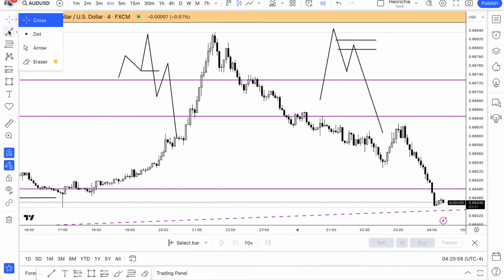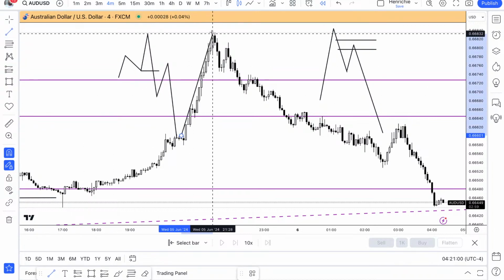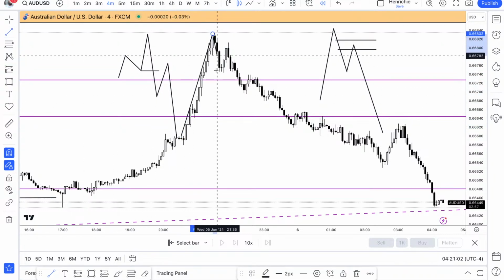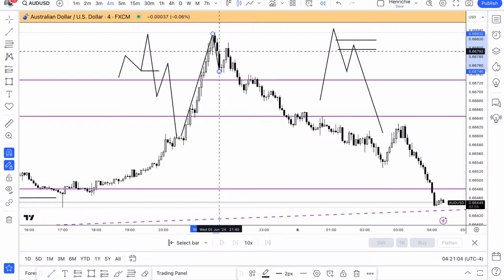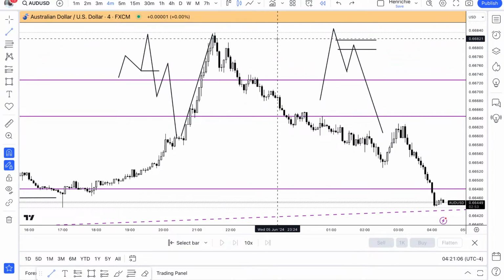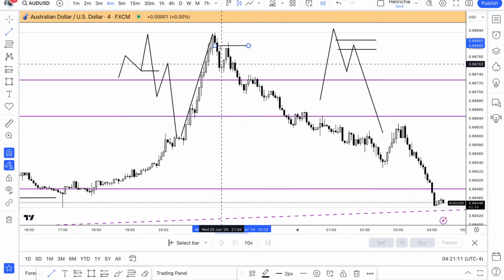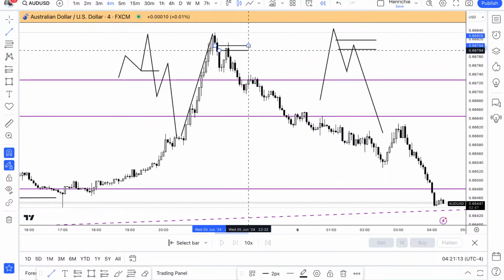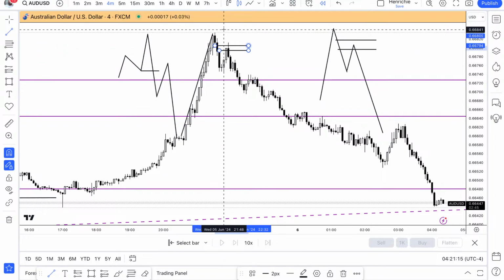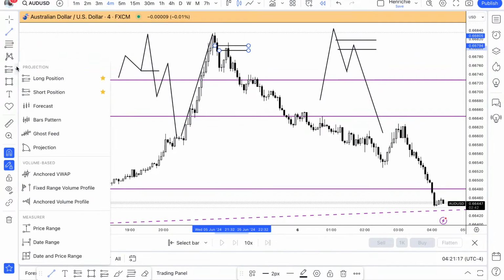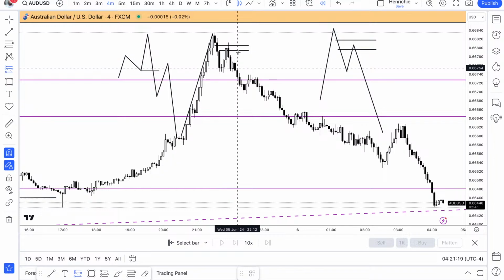You can see how price impulse move to the upside, displaced to the downside, leaving inefficiency. You can see the inefficiency. This inefficiency would have been your entry, stop loss 2 or 3 pips above this high, and that's your trade.